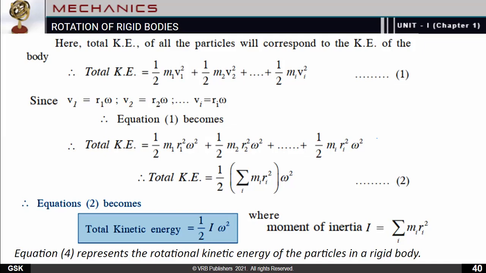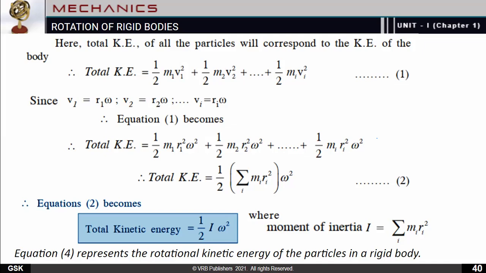The bracketed term, summation mi ri squared, is written as I. It is called the moment of inertia. So now we come to the definition of moment of inertia, that is summation mi ri squared. mi means mass, ri means the distance. So we can define the moment of inertia as the sum of the products of the mass and the square of the distance from the axis.